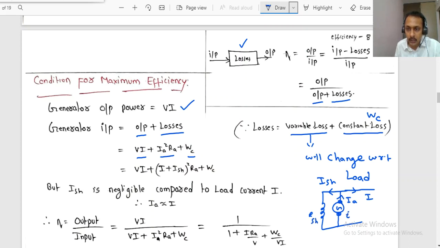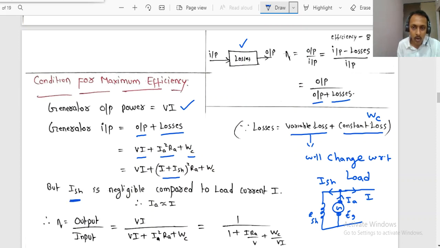This is the voltage generated Eg at armature. If you apply KCL, Ia equals how much? This is the current I plus Ish, that is what you have written here, (I plus Ish) whole square into Ra plus Wc. But if you observe, compared to Ia, Ish will be very small.